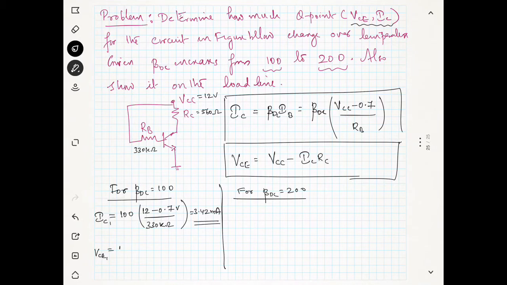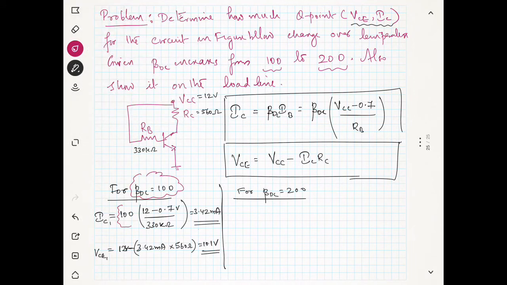So it is nothing but 12 minus 3.42 milliampere multiplied by 560 ohm. This is 12 volt. So you will get 10.1 volt. So you got both for beta equal to 100.